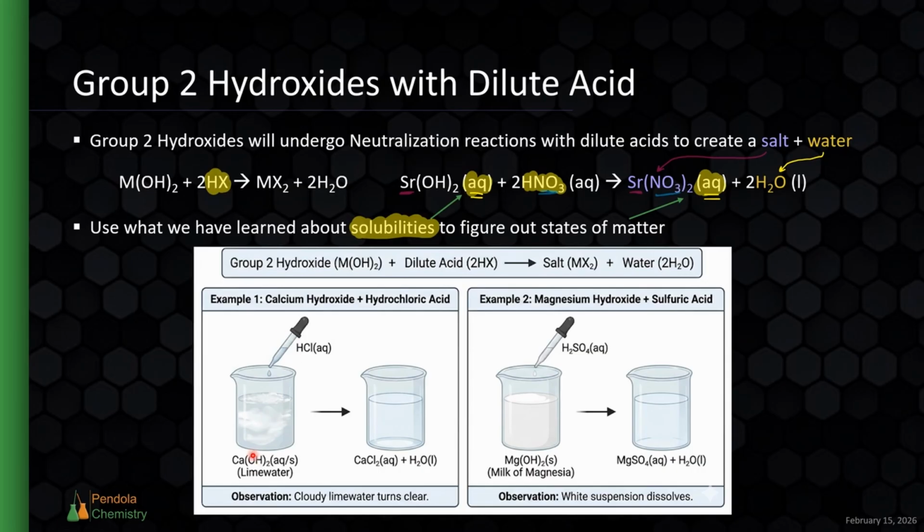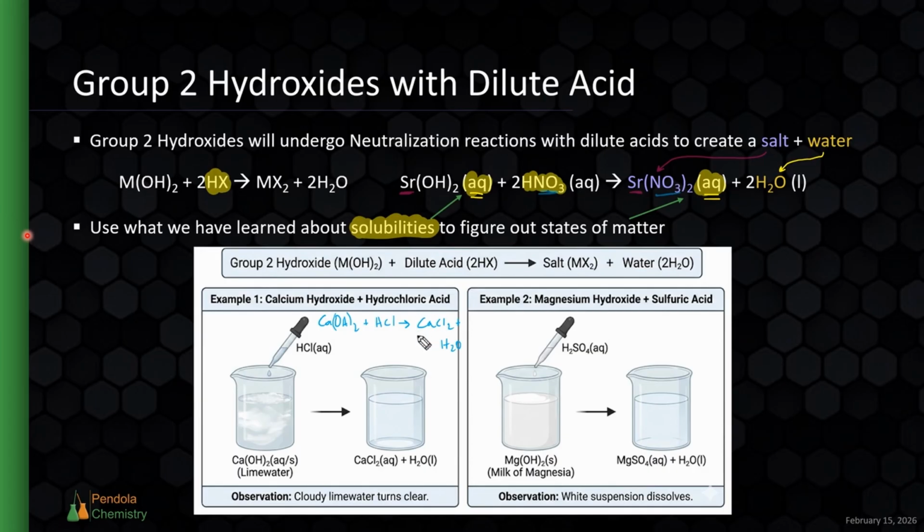Because when calcium hydroxide reacts with hydrochloric acid, it becomes calcium chloride. Let me write the reaction here really quick so everyone can see it. When Ca(OH)2 reacts with HCl, what we get is CaCl2 and water.